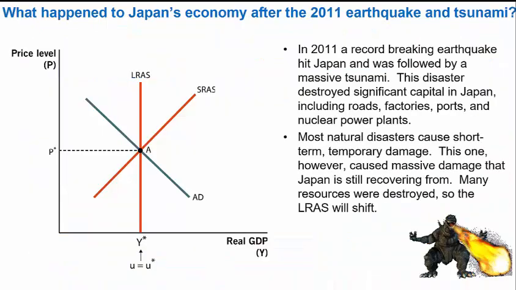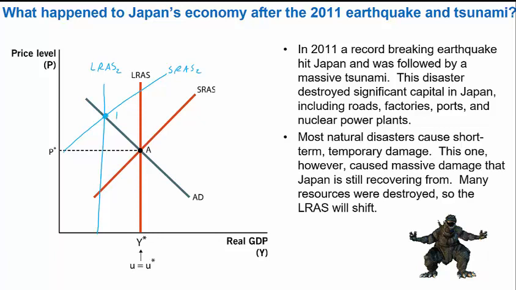So, let's look. In 2011, a record-breaking earthquake hit Japan, followed by a massive tsunami. This disaster destroyed significant capital in Japan, including roads, factories, ports, and nuclear power plants. As a result, the long-run aggregate supply curve shifted to the left, and the short-run aggregate supply curve traveled with it.